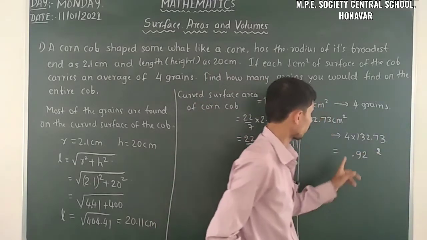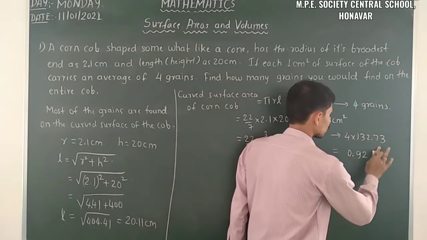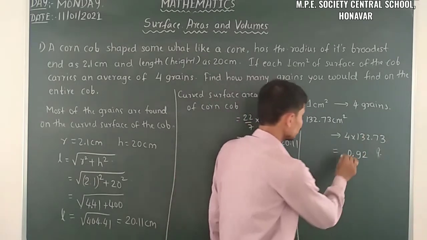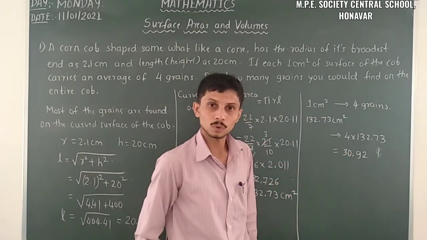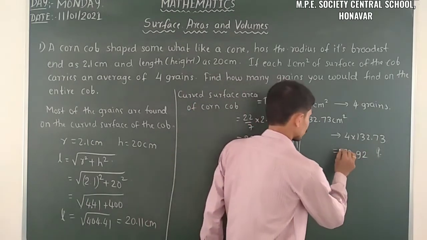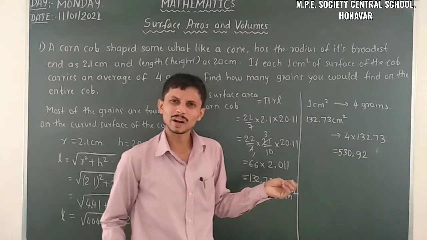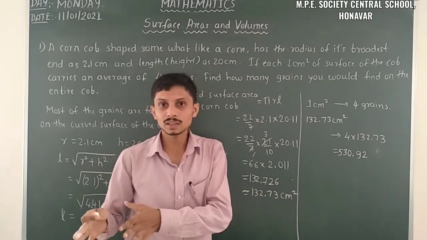Here there is a decimal point. 4 into 2 is 8, and 10 we have here, so 1 remains. And 4 into 3 is 12, 13. So 1 remains, and 4 into 1 is 4, plus 1, 5. So 530.92 grains. The 0.92 grains is a decimal, which is the number we are taking.